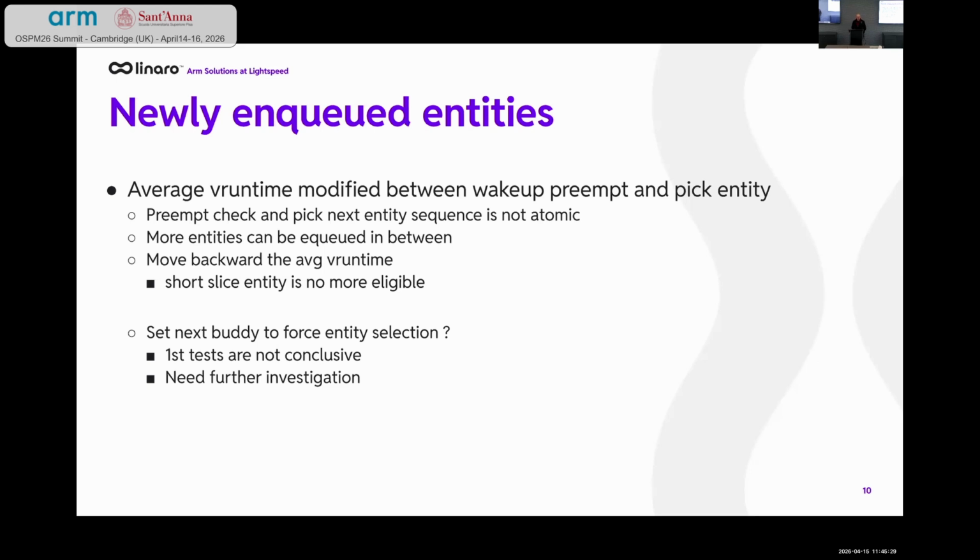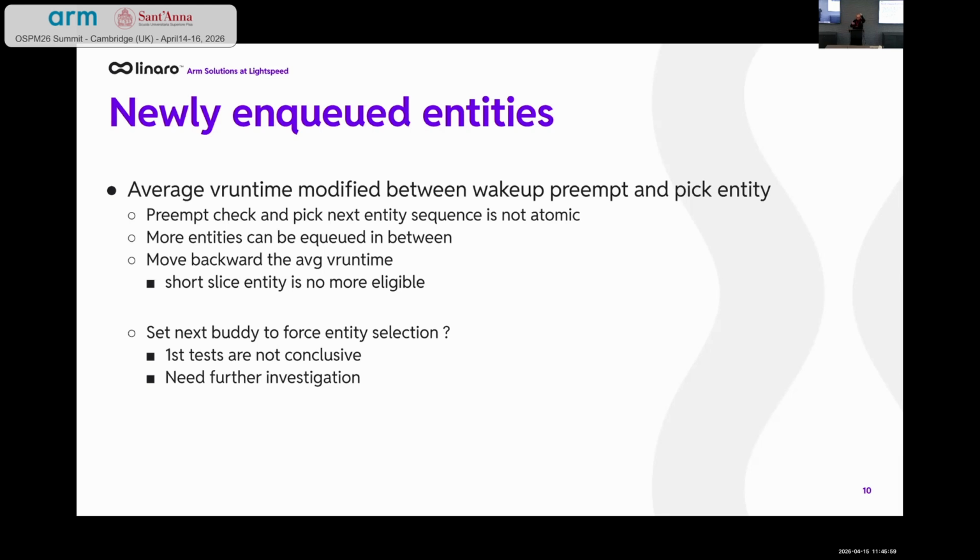Another issue is when we check whether we are able to preempt the current running task, and the time you are picked as the next running task. This sequence is not atomic. So you can run in the wake up, decide okay, I'm the next one to run, set the need resched, then release the lock and start to pick the next.